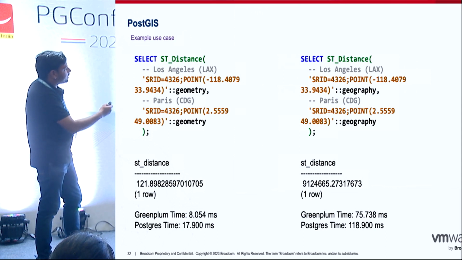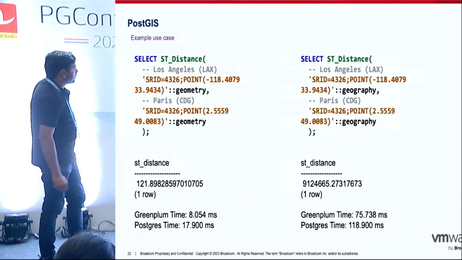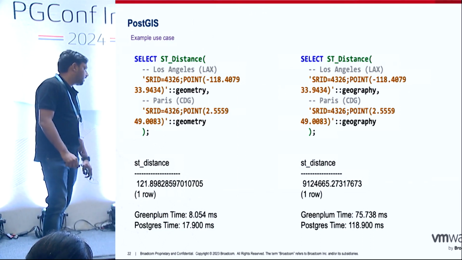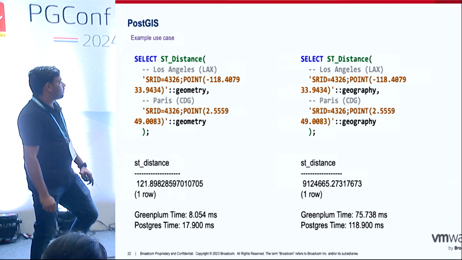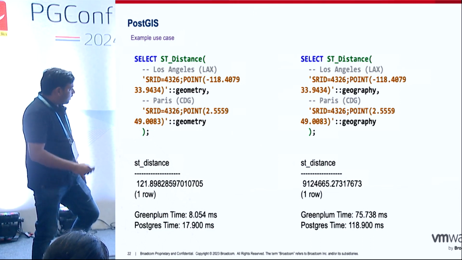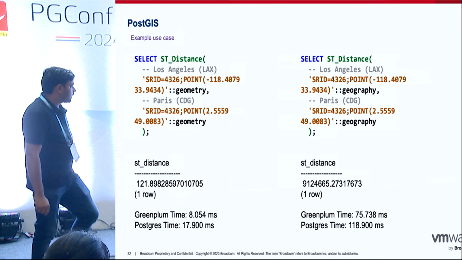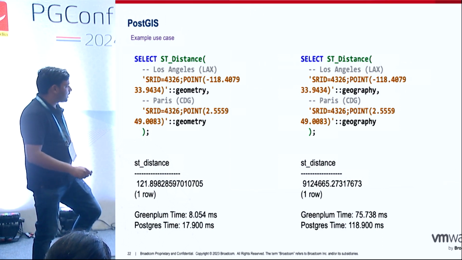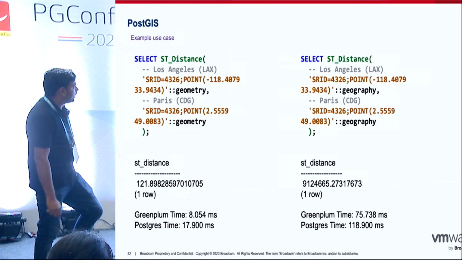Both are on the same coordinate system, and we are running the query to find the distance. It gives the distance 121.89, which is in degrees. So basically it gives the direction from Paris to Los Angeles. When I run this query on Greenplum, which is an MPP architecture on PostGIS, it took around 8 milliseconds, and on PostGIS it took around 17.9 milliseconds.